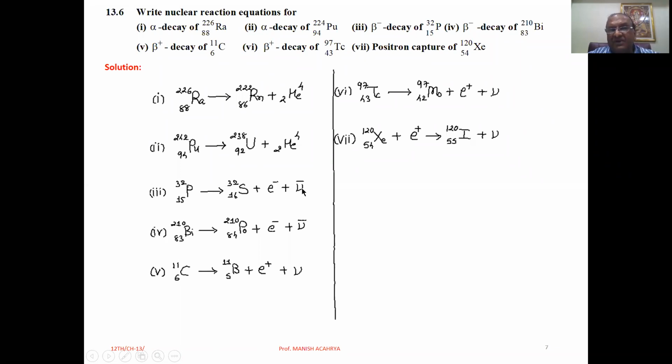So e minus plus anti-neutrino, the reaction is completed.